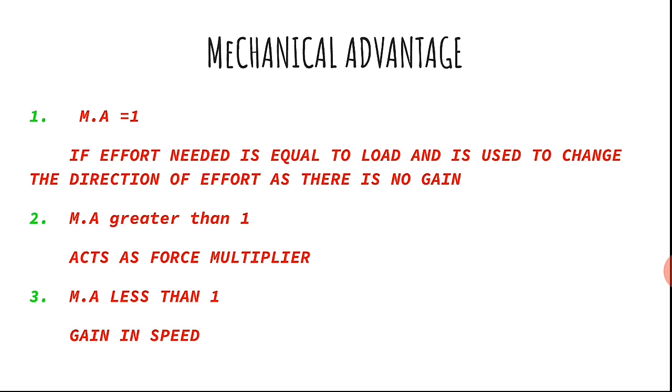A machine having mechanical advantage greater than 1 acts as a force multiplier, while a machine having mechanical advantage less than 1 gives a gain in speed. The machine having mechanical advantage equal to 1 is generally used to change the direction of effort as there is no gain in force or speed.